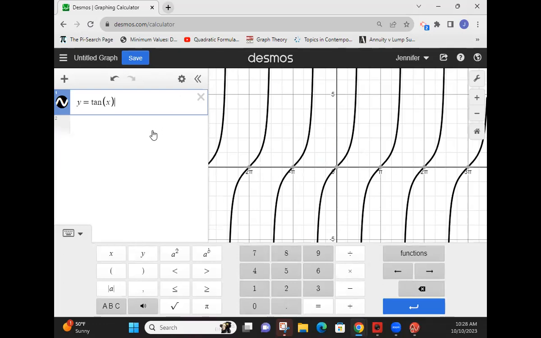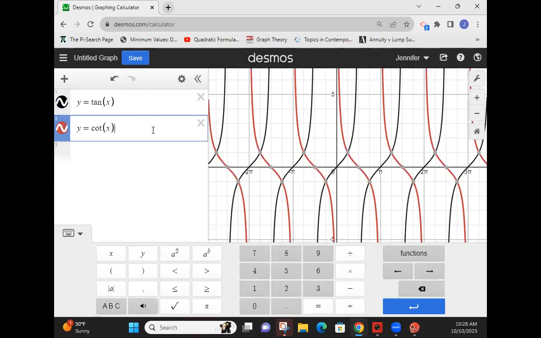For cotangent, lots of these squiggly bits, but this time they're decreasing. And notice, cotangent is in red, it's undefined anywhere that tangent is 0, which should make sense.